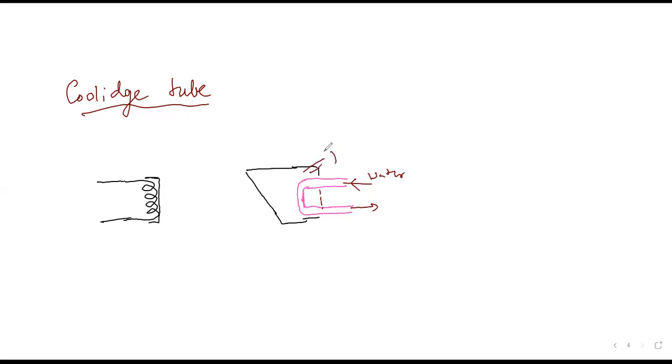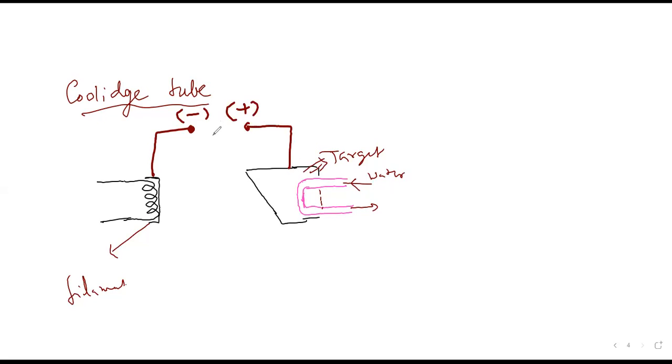So this is the target, this is the filament. Then we have to make the filament the cathode, so we connect it to a very high voltage terminal. It is negative, and this I will connect to positive.